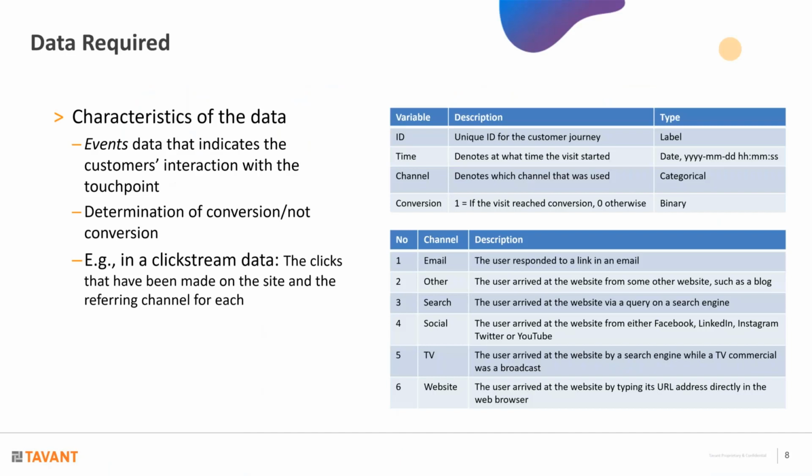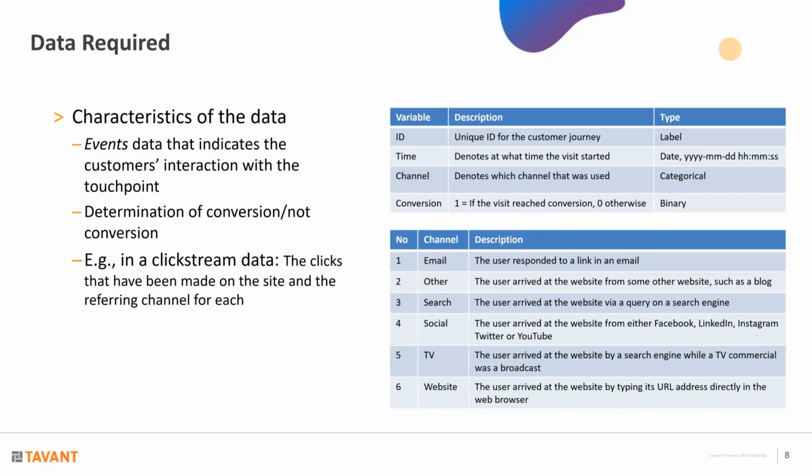So before I get to the actual approaches, let me just talk about the kind of data. And here again, I want to give you a sense of what kind of data is actually required for doing these kind of modeling. The key characteristics of the data are twofold. One is that we need to capture all the events that indicate the customer's interaction with the touch points, and also the sequence in which they occur.